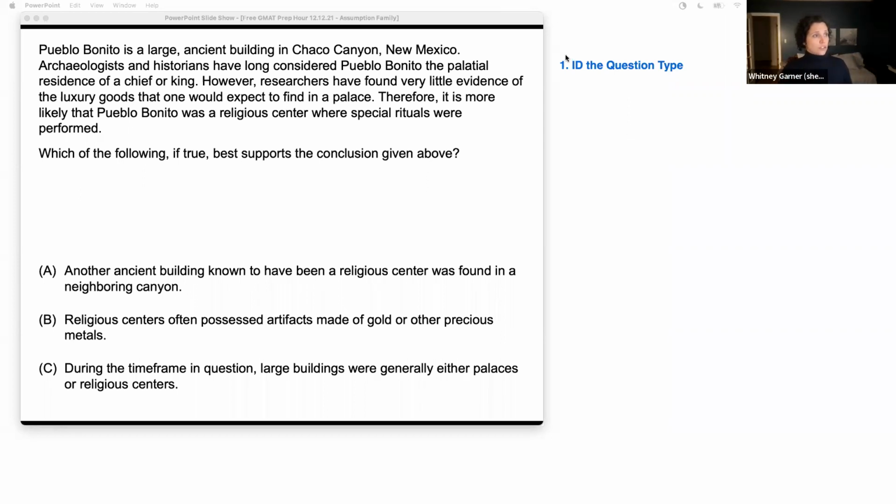So we'll start right in the middle. Which of the following, if true, best supports, now we have to be careful, which of the following best supports the conclusion given above, meaning the answer choices are going to support the argument above it. That is a strengthen. So this is our strengthen question.